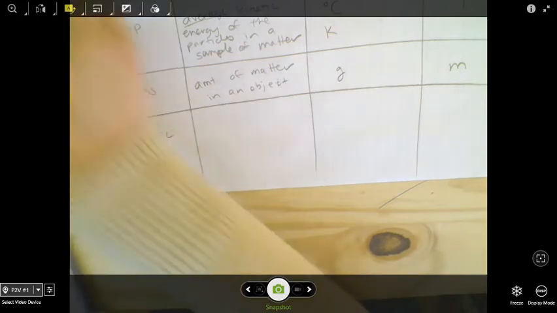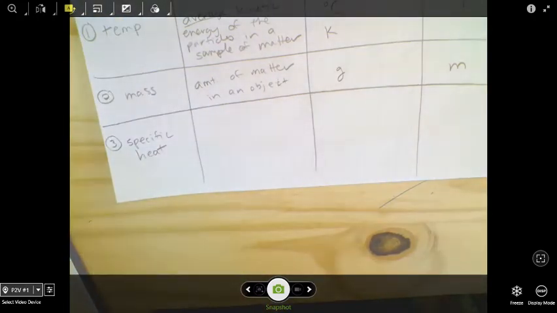I'm looking in the textbook now for the specific heat chart. Let me see, there it is. So if you wanted to know the specific heat of something, you would look at a reference chart like this. And it's right here.